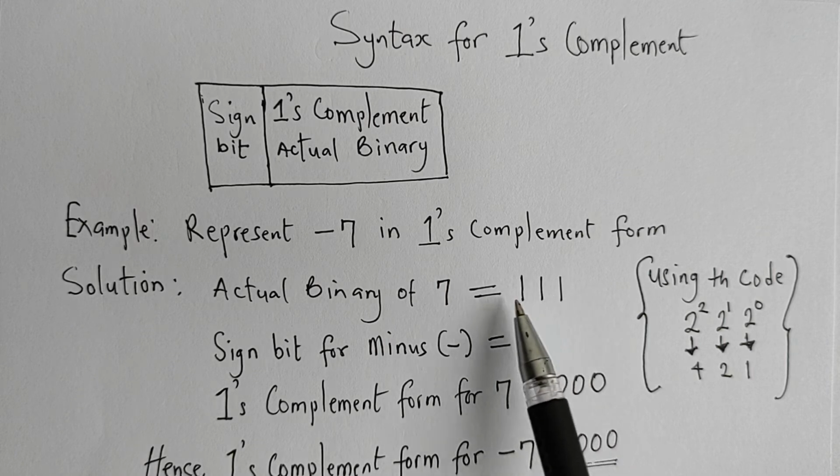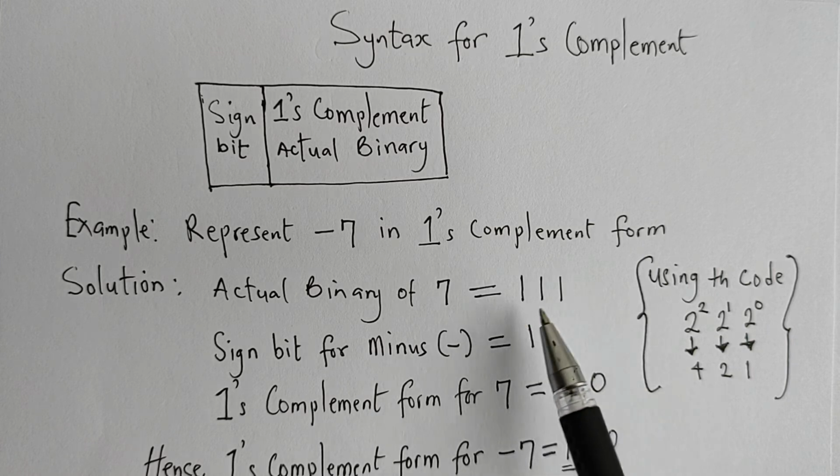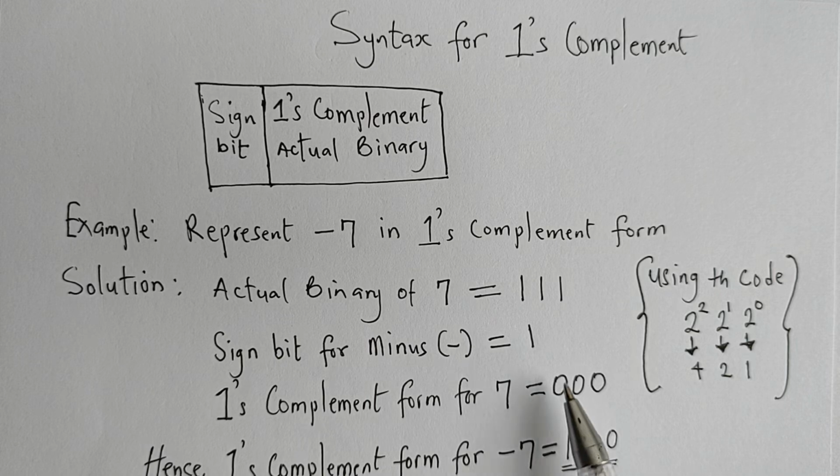This is called the magnitude bit. So if you take the inverse of 1, it's going to be 0. The inverse of a 1 is going to be 0. And the inverse of the last one is going to be 0. Therefore, the 1's complement form of 7 is going to be 0, 0, 0. This is known as the complement, which is nothing but inverse.